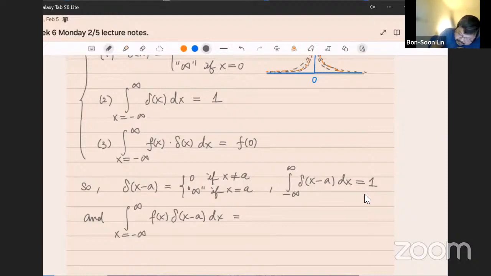So this is just the value of f at a, simply as that. So this delta function, you can think of it as a function that when you integrate against another function, it picks out the value at a if it's integrating against delta of x minus a. You're just doing substitution.